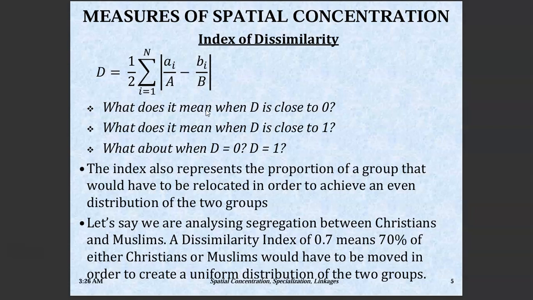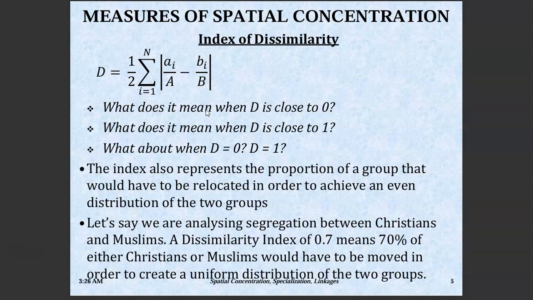The index represents the proportion of a group that would have to be relocated in order to achieve an even distribution of two groups. Let's say we are taking KNUST as a whole, and one of their missions is that they would like to have the same population of blacks and whites on campus.